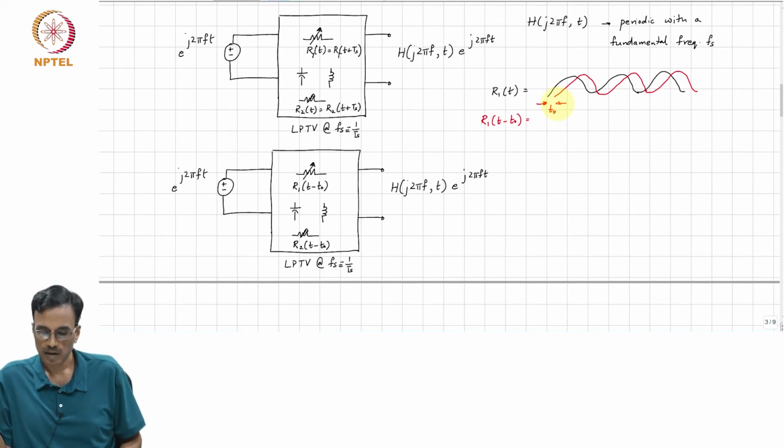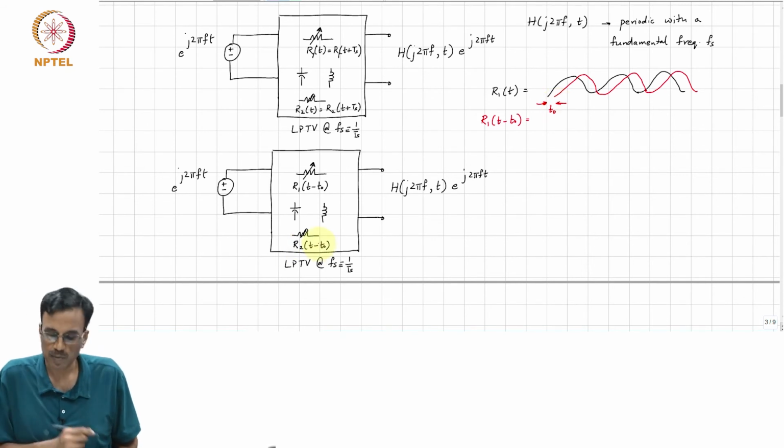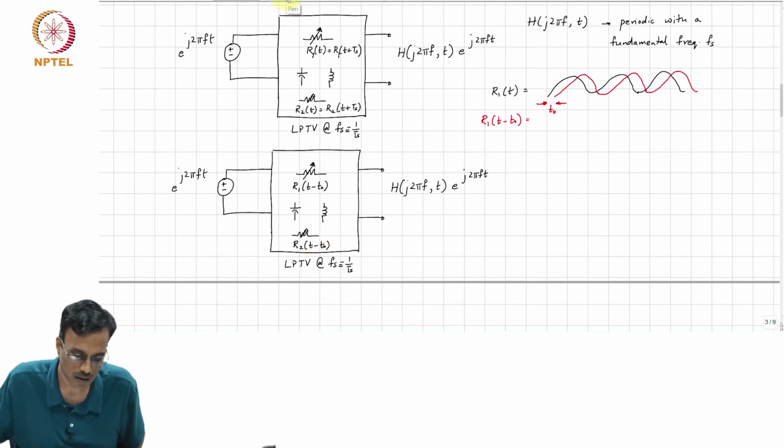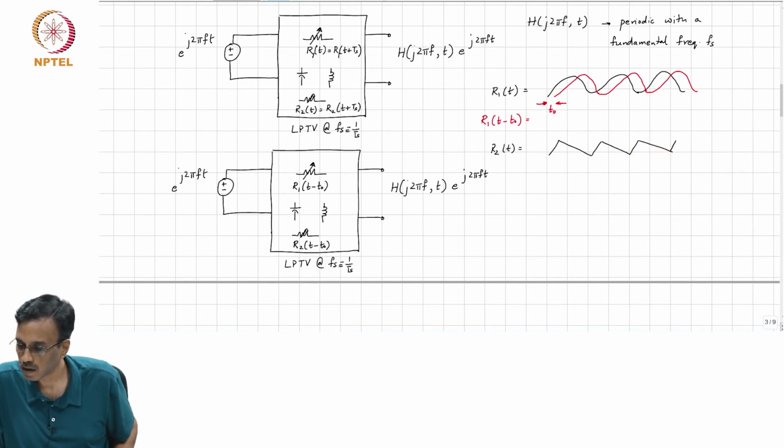Similarly, R2 of t can be some other periodic function of time, except that it has the same period Ts.